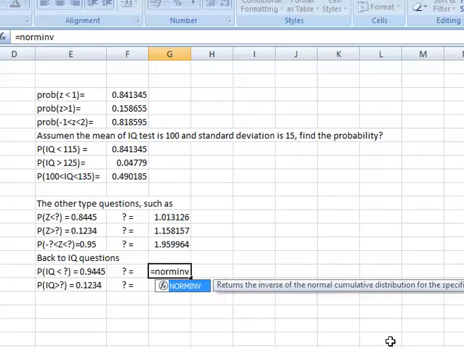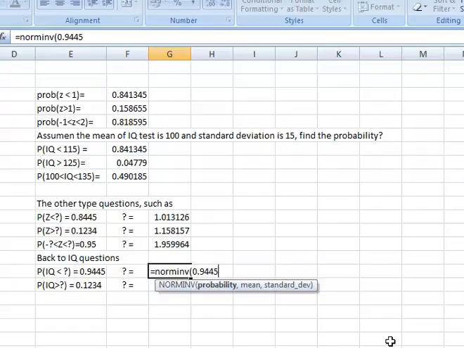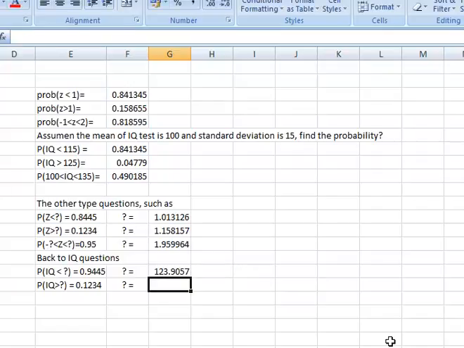Now there's no S. So now put in the probability 0.9445. Then put mean 100, standard deviation 15. So the IQ will be 123.9. So if your IQ is 123.9, you are almost in the 95th percentile.